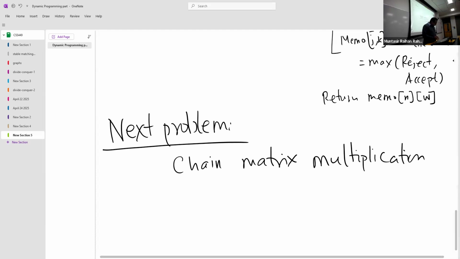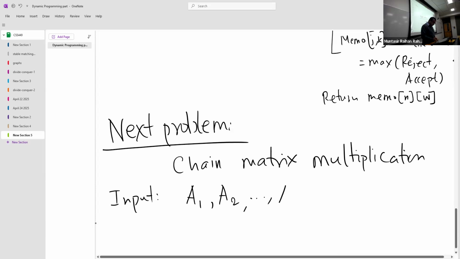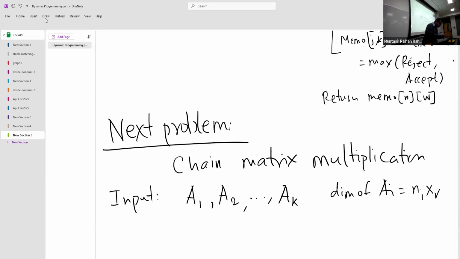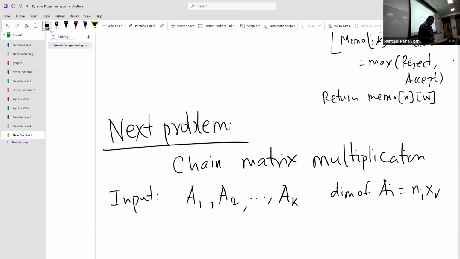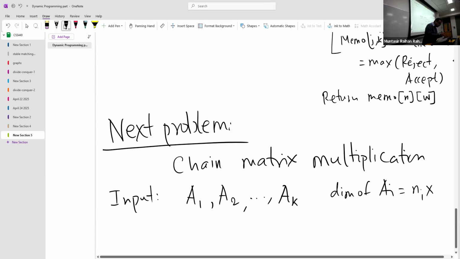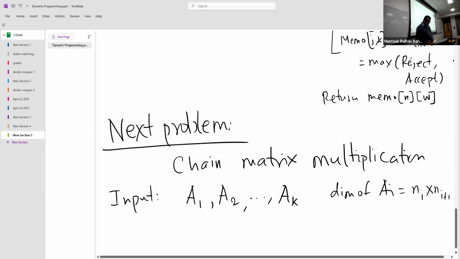What is the problem? What's the input? We have a bunch of matrices. So the input is a number of matrices, let's say k of them. And then the dimension of the ith matrix is ni times ni plus 1.